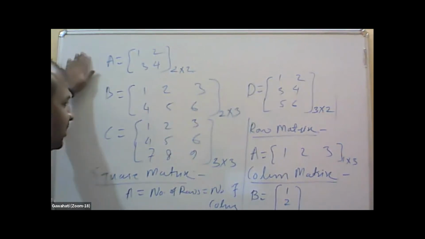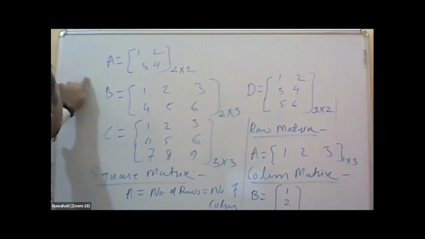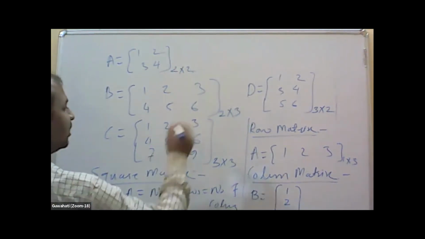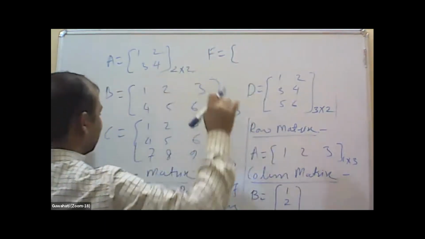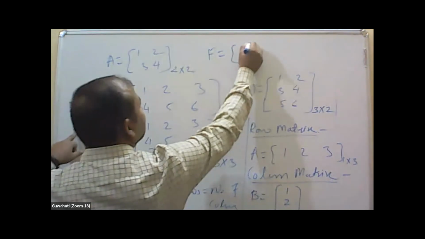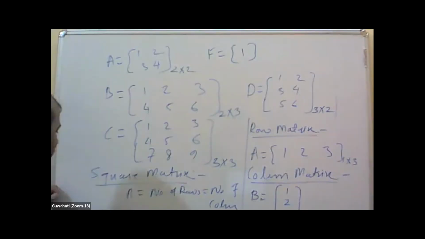I gave you different examples. Can anybody tell me whether there are square matrices or not? How many square matrices can you observe on the board? 2. Tell me which are the examples. A and C are square matrices.